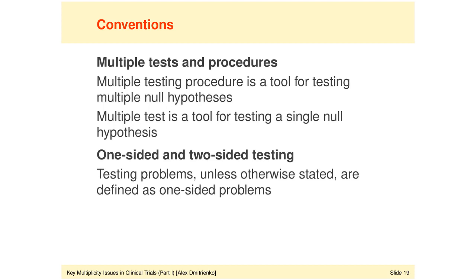And the second point I would like to make here is that when we talk about the differences between one-sided and two-sided testing, all testing problems, all multiplicity problems within this course will be defined as one-sided problems. All significance levels will be one-sided. For example, I will use a one-sided alpha of 0.025, or in other words, 2.5%, and all p-values will also be one-sided.